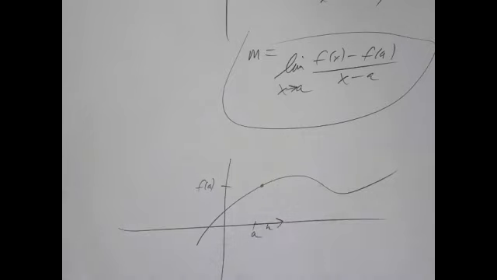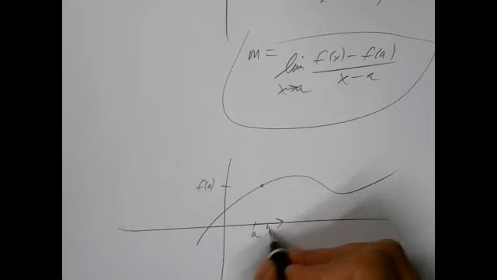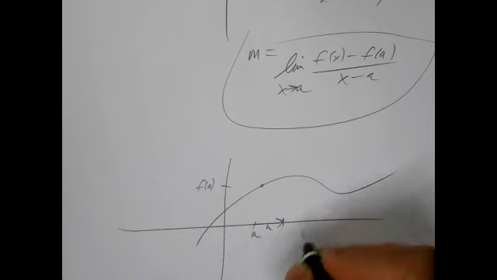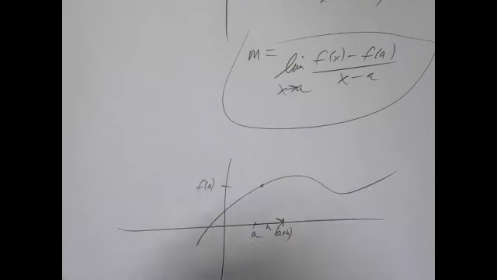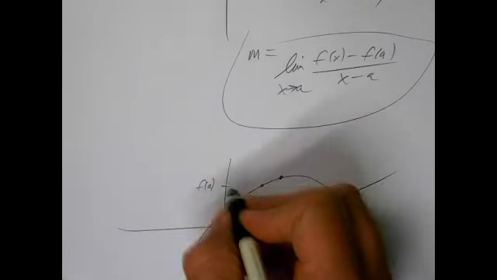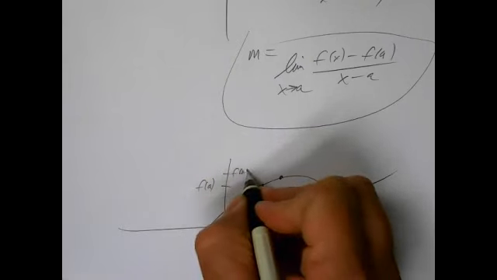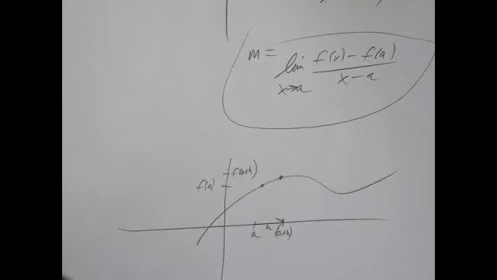We'll call that distance h. So you are at a and you move a distance h, you would then be located at a plus h. And your function value would be f of a plus h.